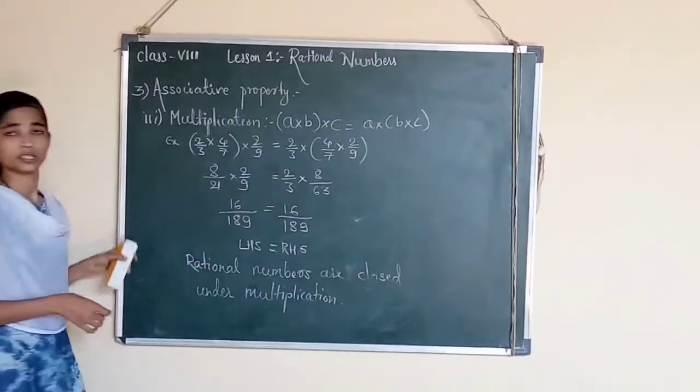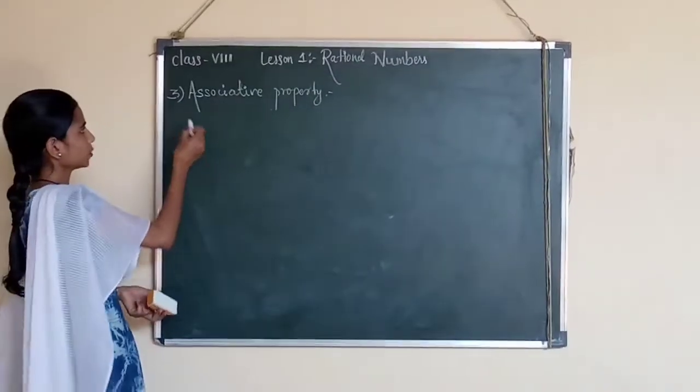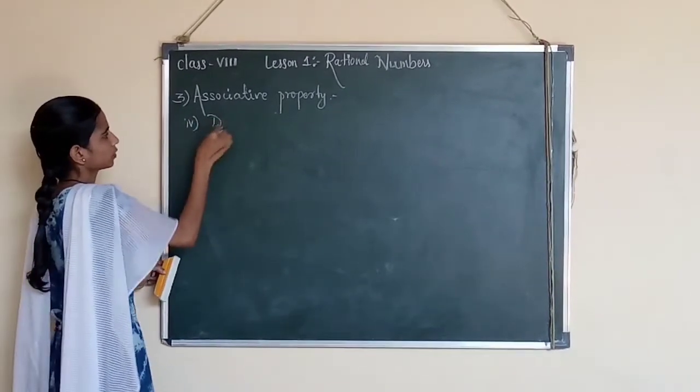Okay. Now next, last one, associative property for division.